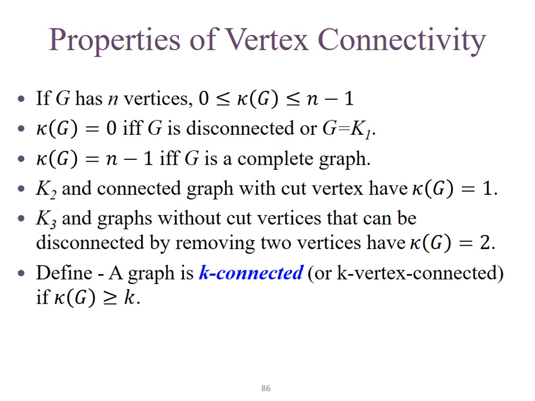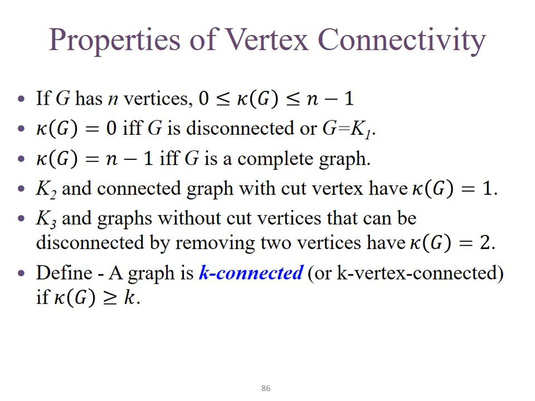So you don't have to remove any vertex to make it disconnected. So the kappa of G of a disconnected graph will be 0. And then we already know that for a complete graph Kn, you need to remove n minus 1 vertices to leave a single vertex, because it is non-separable. So the range of kappa of G will be between 0 and n minus 1.